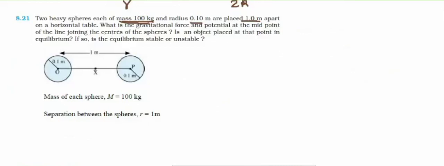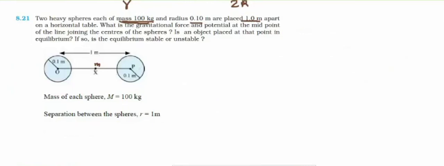That means point X. We need to calculate gravitational potential and gravitational force. Okay, so you can just imagine an object of mass small m is placed at the point X. Then this object of mass m is equally attracted by both the spheres.